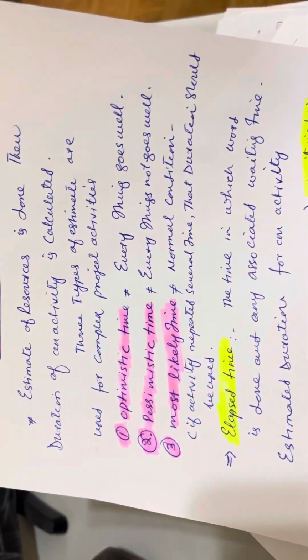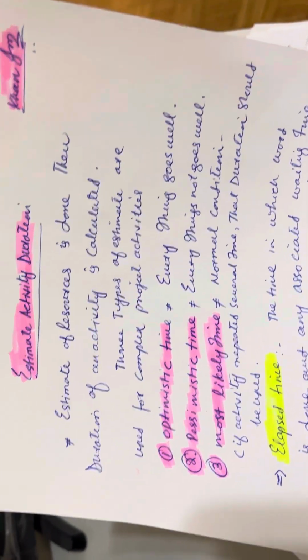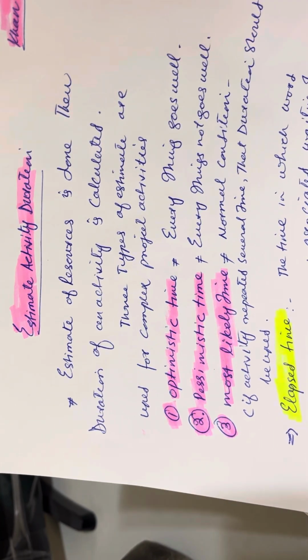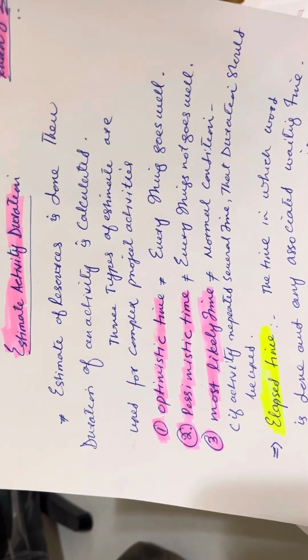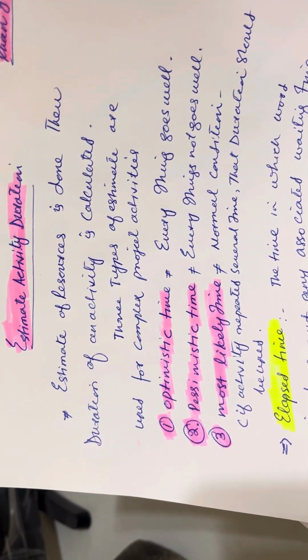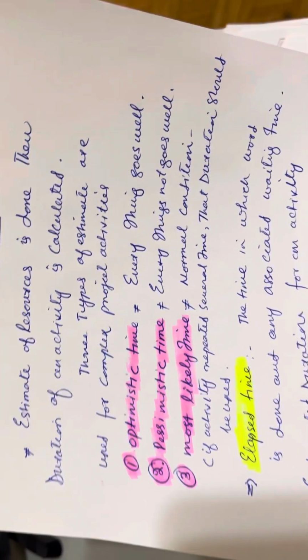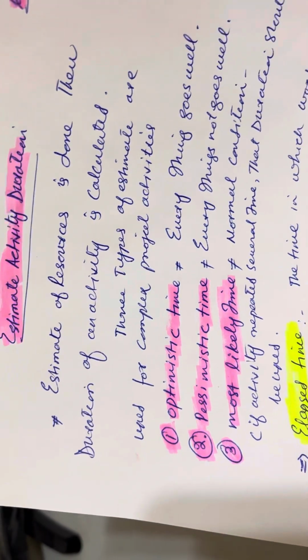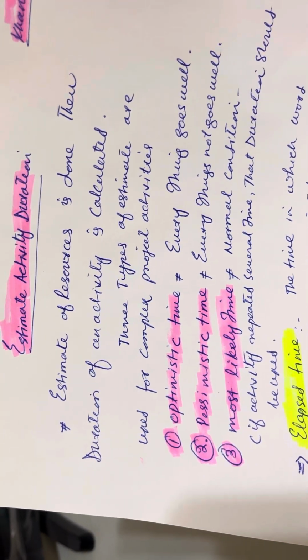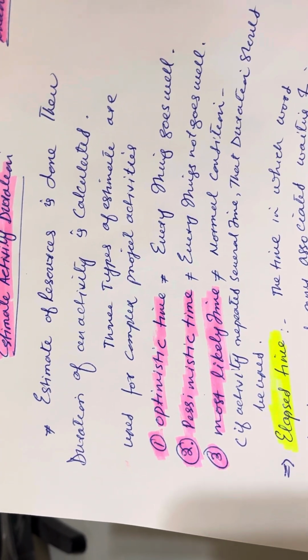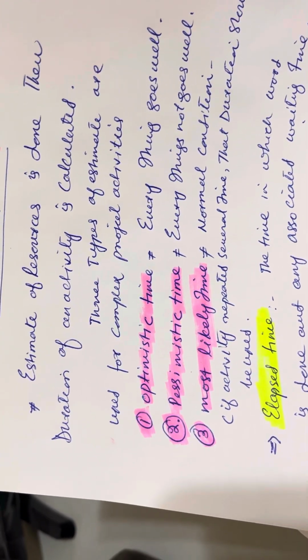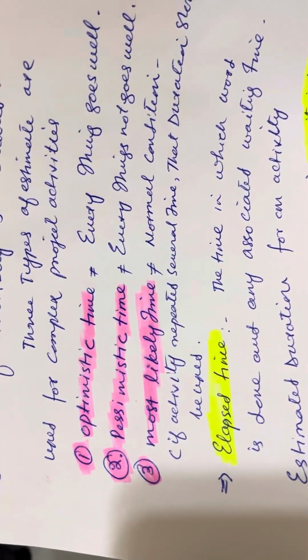But still, some of the small projects are independent and they do their own. So sometimes it's required to estimate the activity duration. It's in the guidance standards of project management. So estimates of resources is done, and then duration of activity is calculated. Three types of estimates are used for complex project activities.